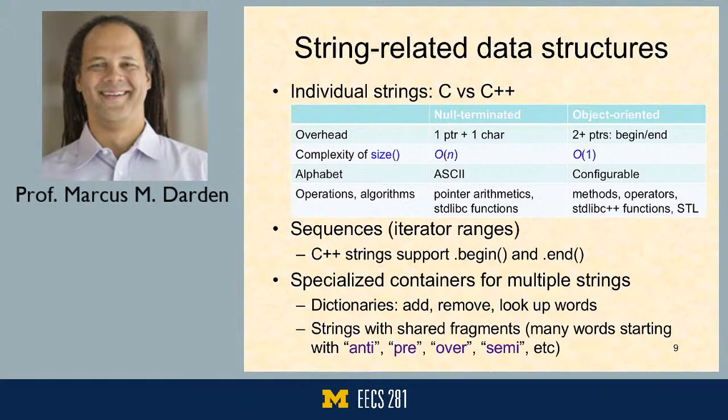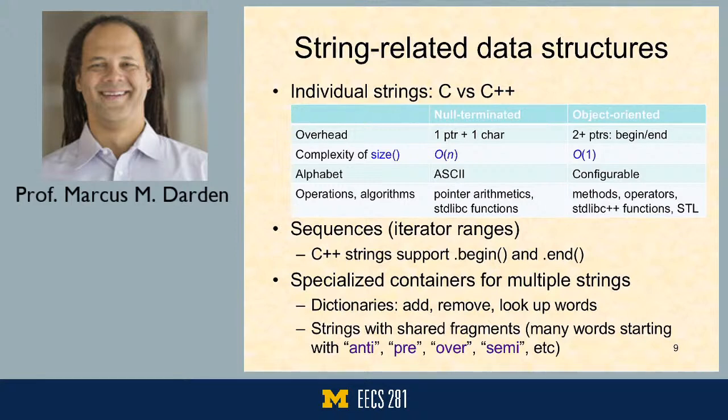You can see those things in standard libc functions. In the object-oriented world over in the STL, we've got methods that are sort of string methods. There's other operators that can be used. We've got standard libc++ functions, STL library functions. So that's kind of a bit more useful object there.